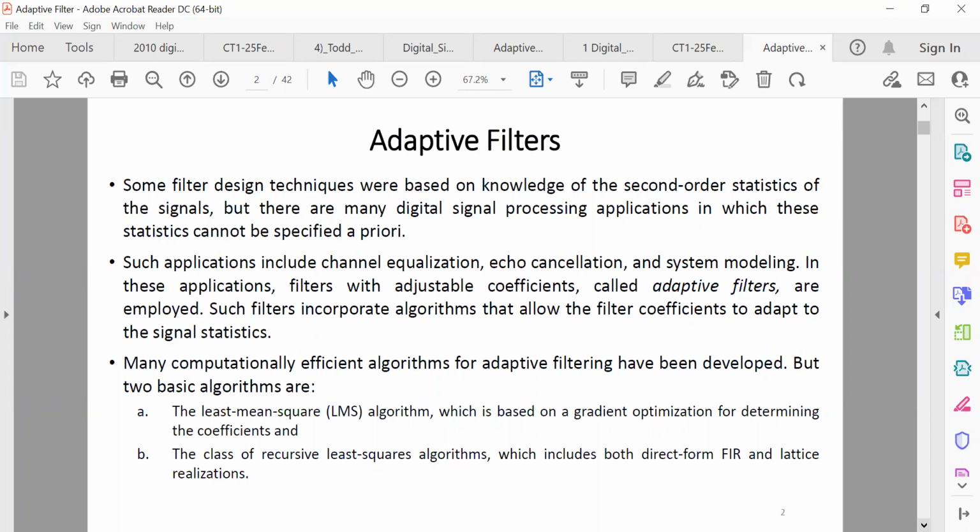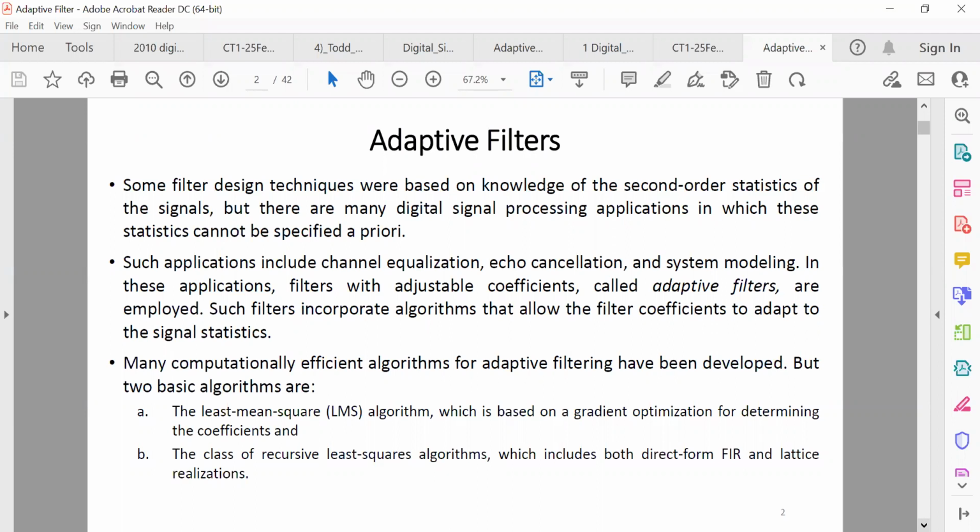So in adaptive filters, we modify, update, or change the filter coefficients based mainly on our signal content. But following the signal content is also not very straightforward. So normally we follow two algorithms.